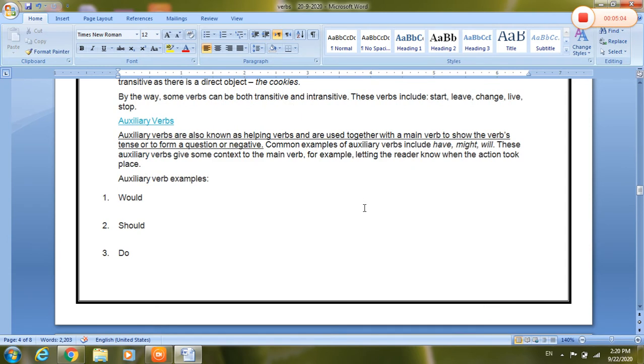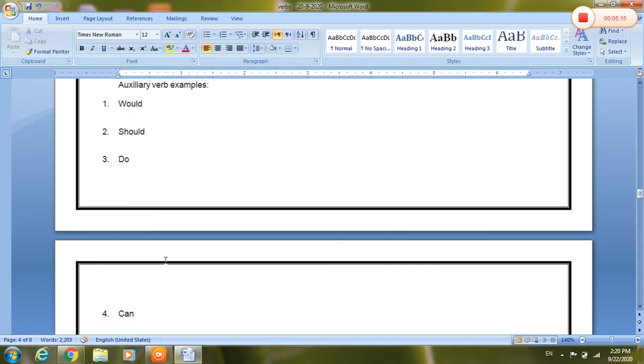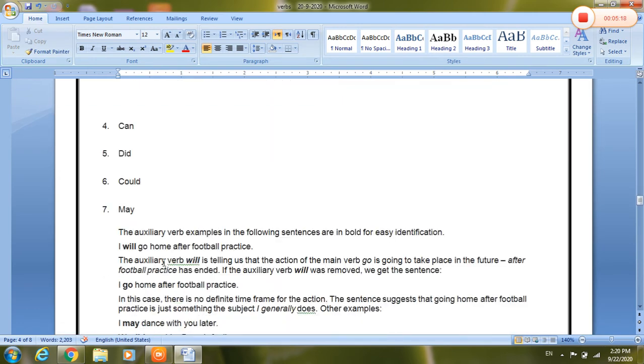We have another kind of verbs, which is auxiliary verbs, or helping verbs, like the verb to be, would, should, do, can, could, may.